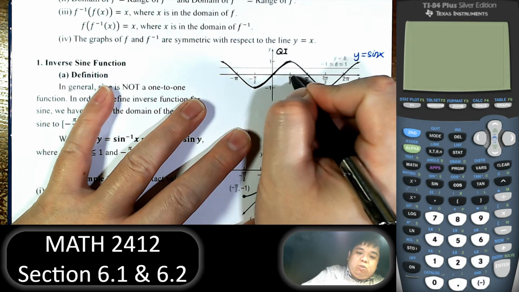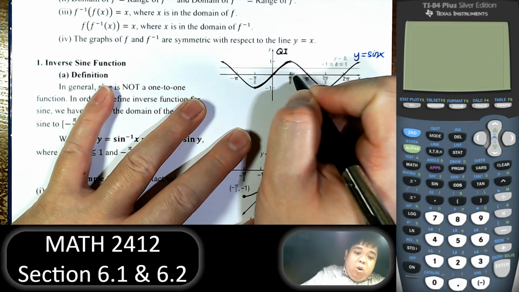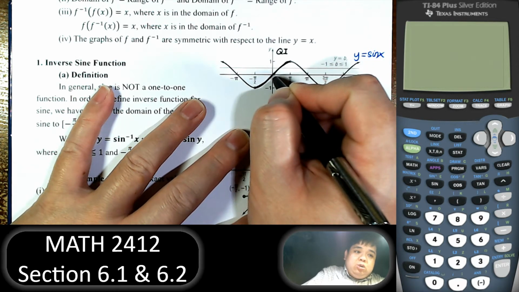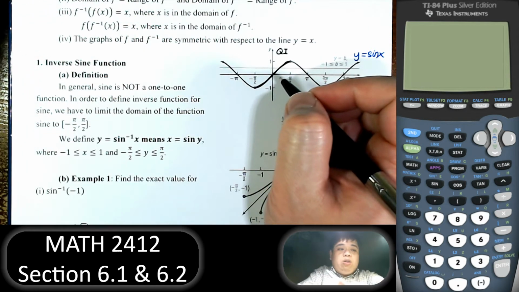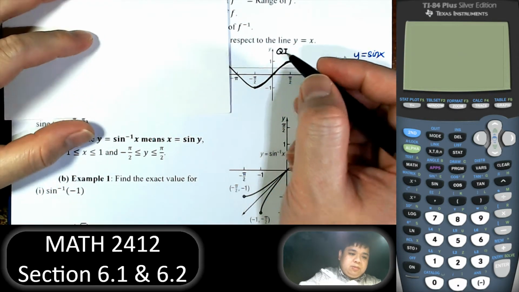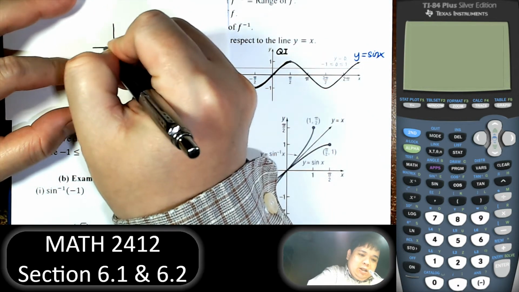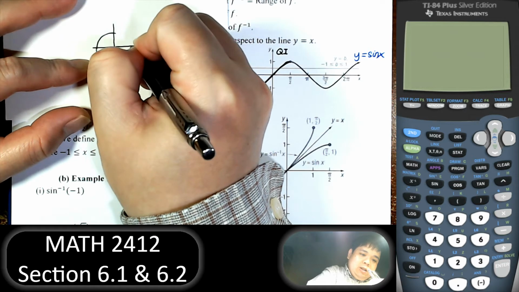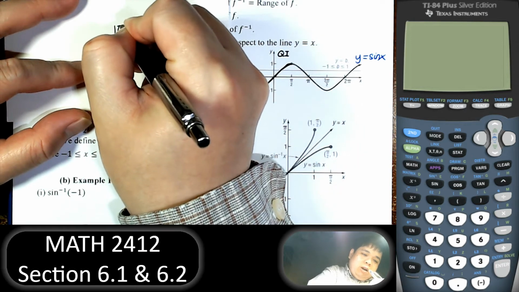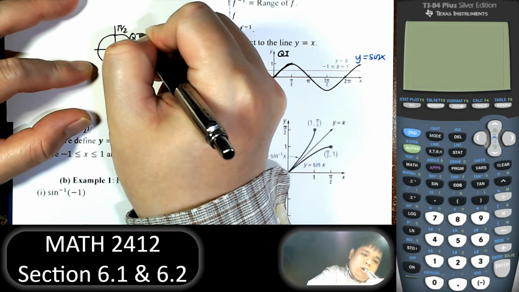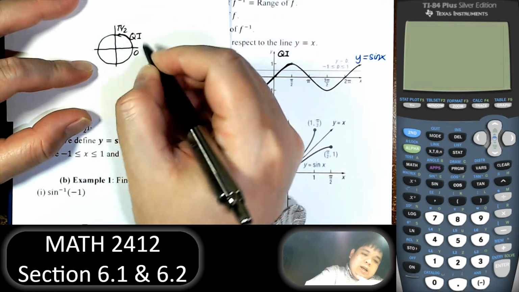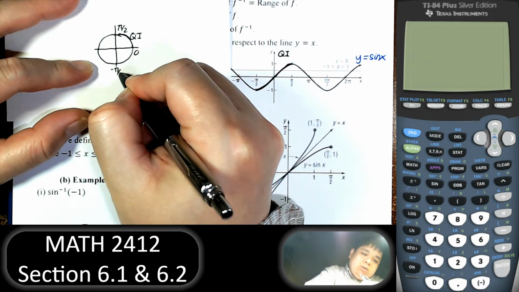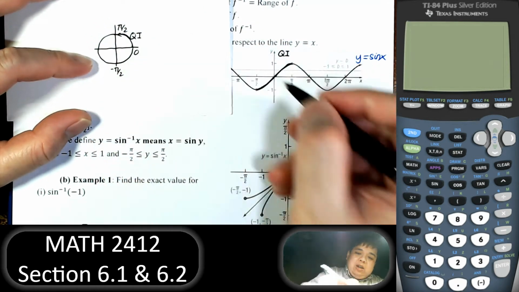From 0 to pi over 2, that is quadrant 1. And from negative pi over 2 to 0, that is in quadrant 4.